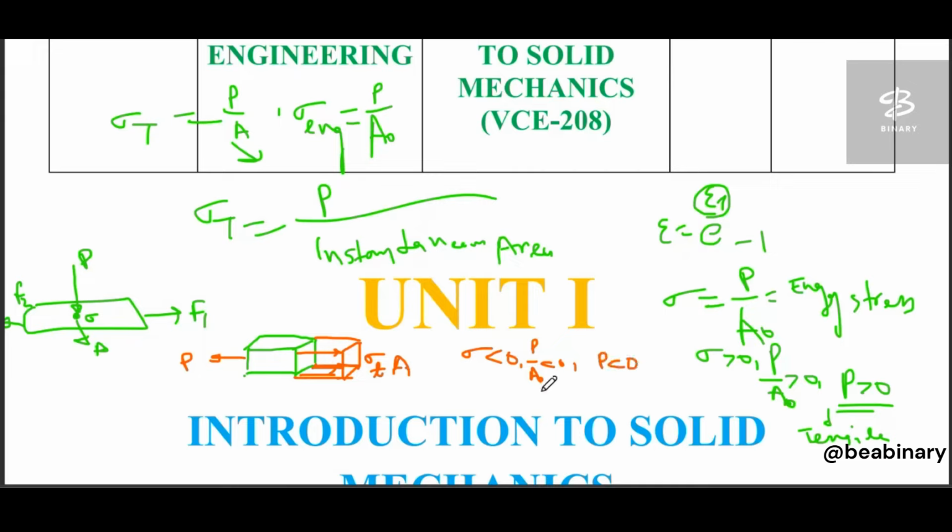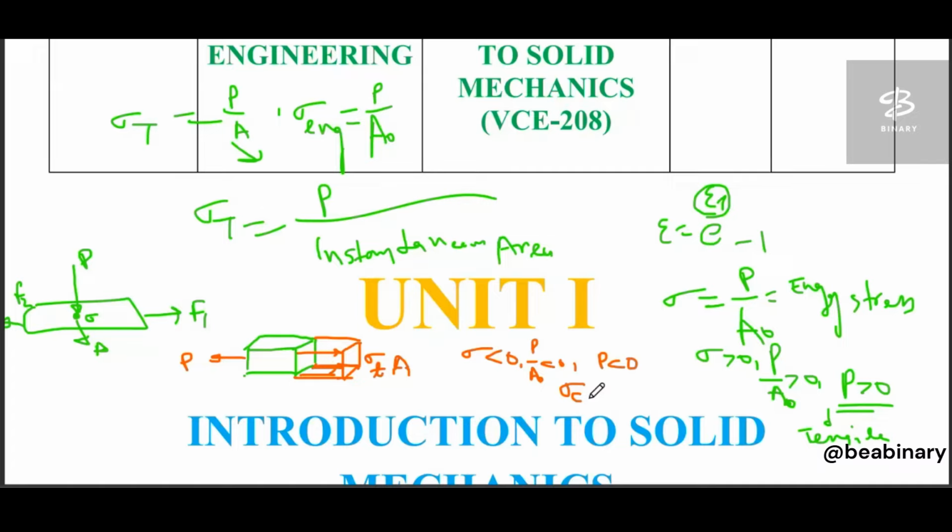P negative means sigma negative, and this is called compressive stress. Similarly, if sigma is negative, less than 0, then stress is compressive.